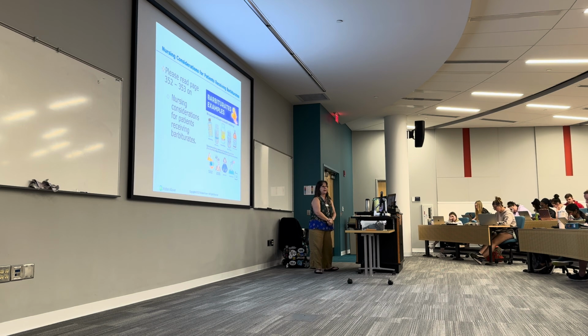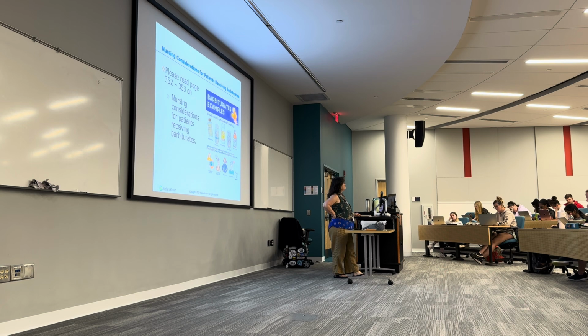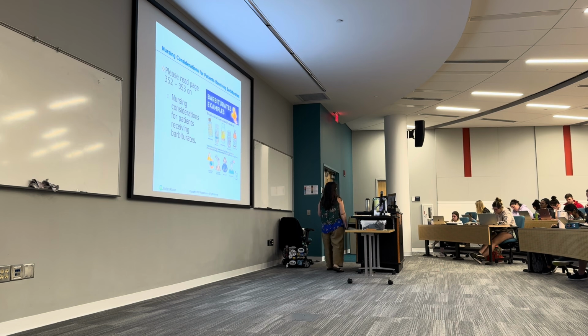We're going to do what labs? It affects what organ? The liver and the kidney. So liver enzymes and BUN, creatinine. We might put them on what kind of risk? Suicide. Fall risk. Yep, absolutely, because it makes them dizzy, vertigo, all that stuff.